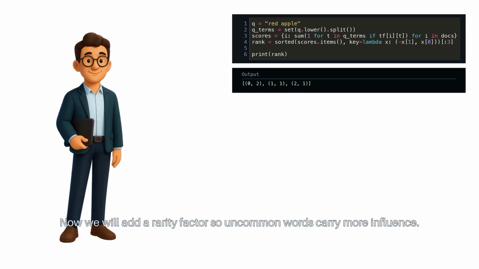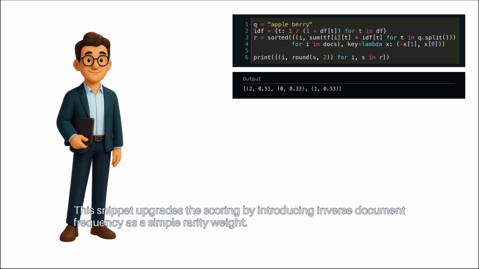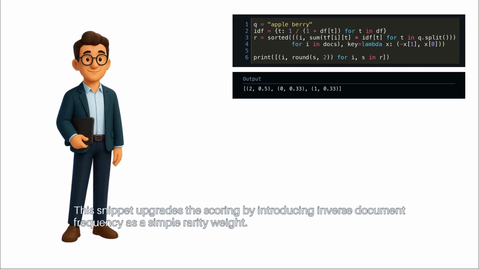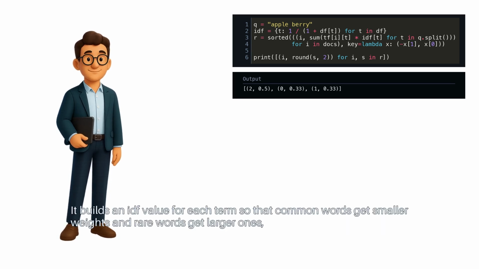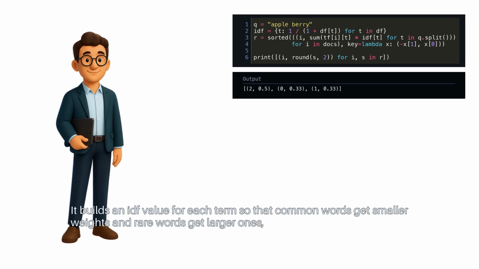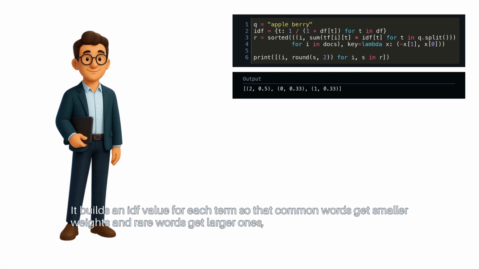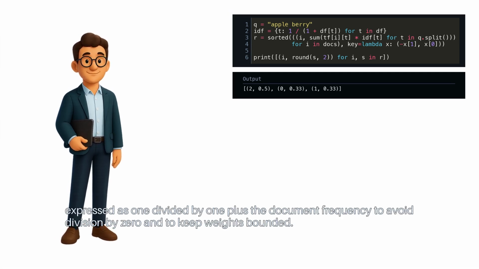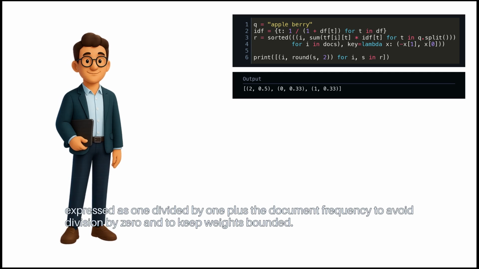Now we will add a rarity factor so uncommon words carry more influence. This snippet upgrades the scoring by introducing inverse document frequency as a simple rarity weight. It builds an IDF value for each term so that common words get smaller weights and rare words get larger ones, expressed as 1 divided by 1 plus the document frequency to avoid division by 0 and to keep weights bounded.